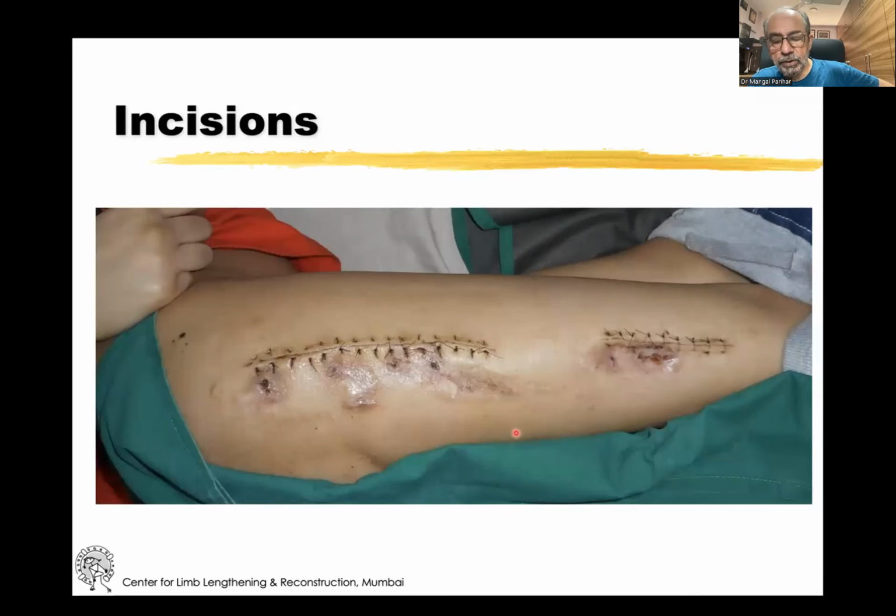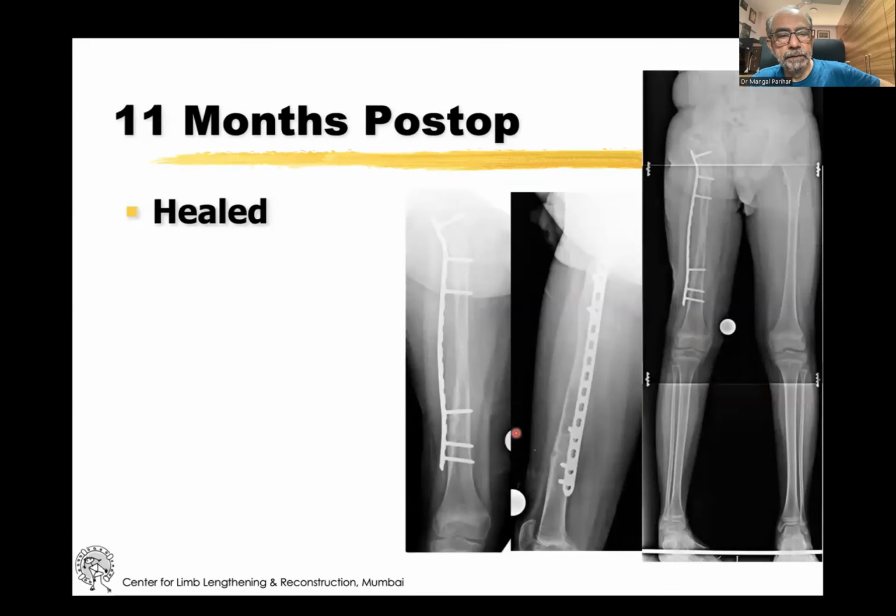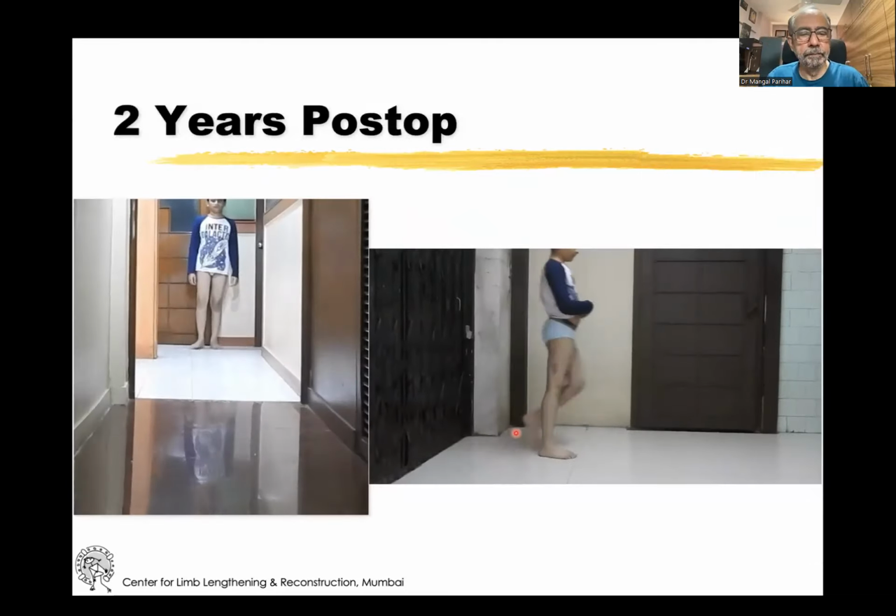That is done through those incisions, and it's done in one go, meaning you take off the fixator, curette out the pins, take a culture, and slide the plate in. That's 11 months, by which time he's healed, but more importantly, he's got this protection inside.